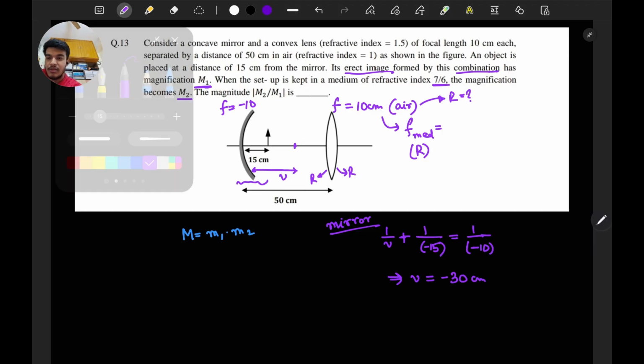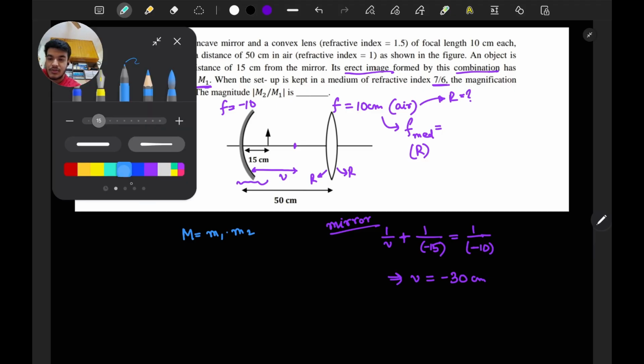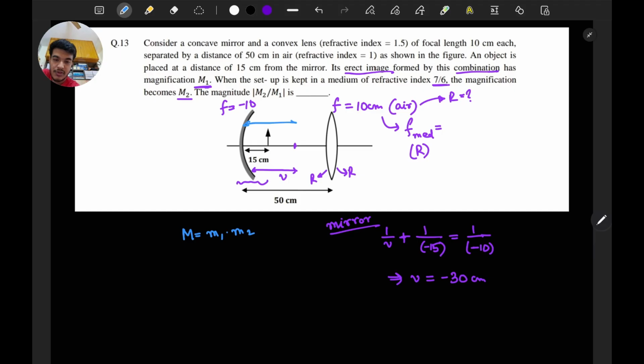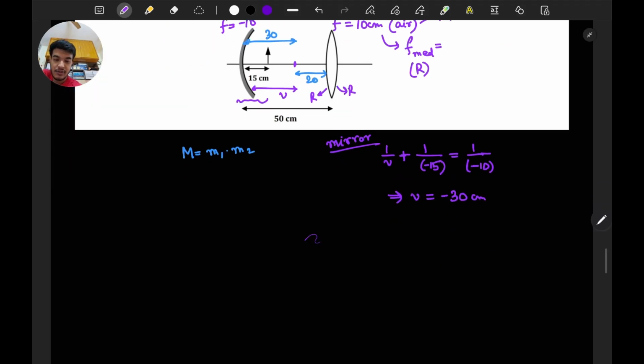So my image by the first reflection is formed somewhere here, at 30. The object distance u for the refraction through my lens would, in both the cases, be 20. It is better to say with sign: it will be minus 20 centimeter, right?